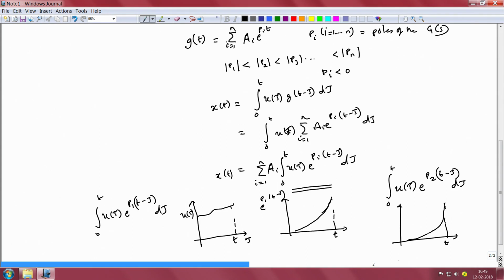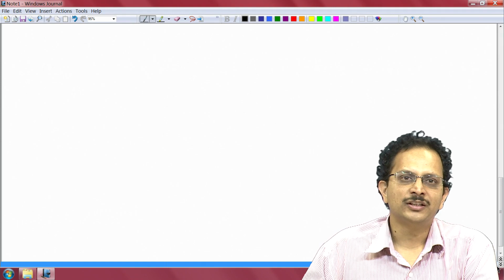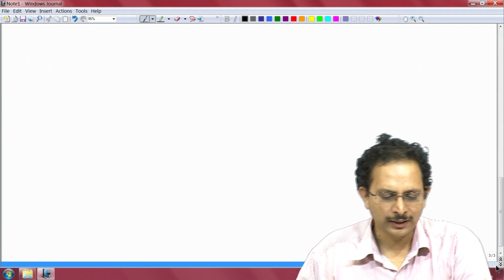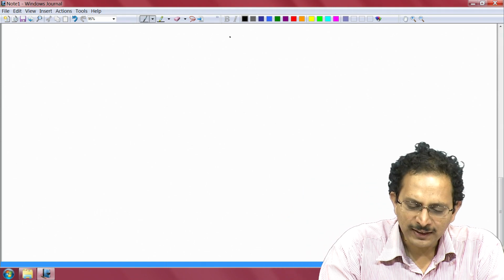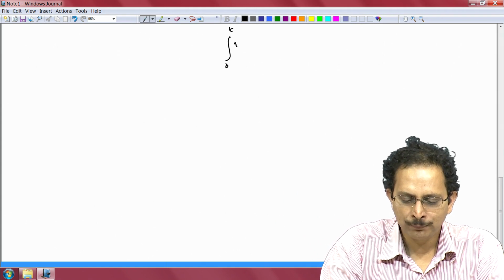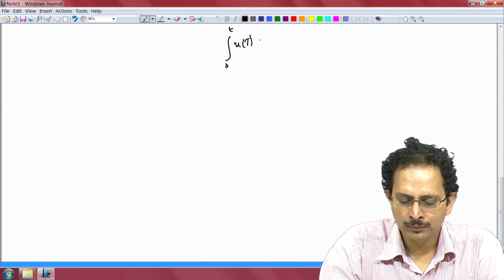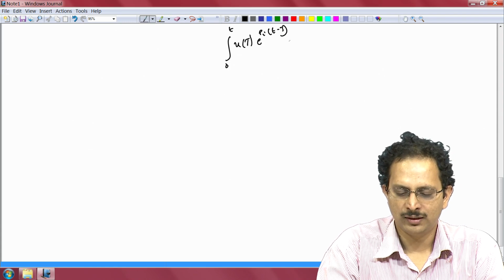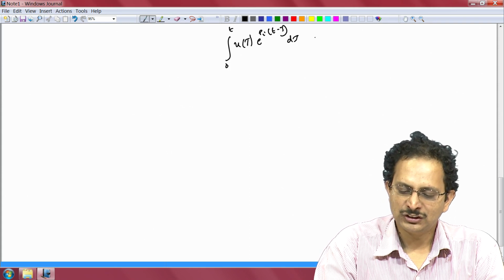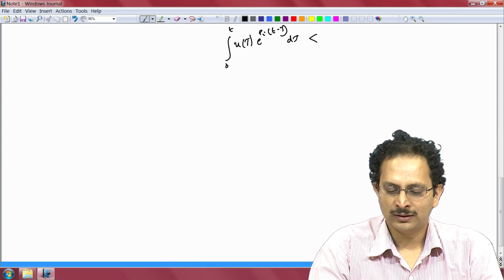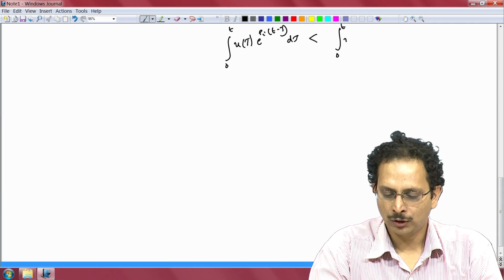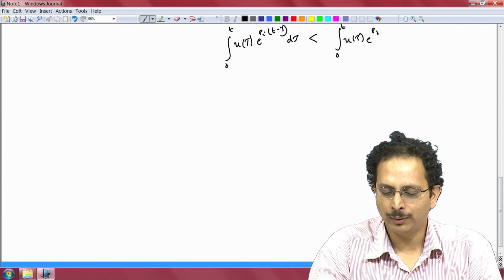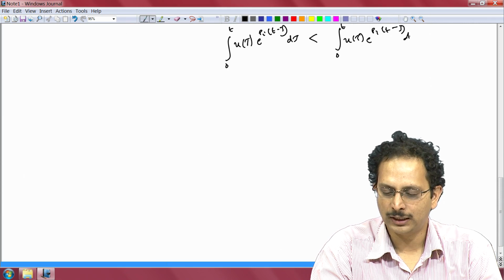Now you can go on like this and you can show that if you have arranged the poles in ascending order in terms of their magnitude, then all the higher integrals, integral 0 to t u of tau e to the power p_i (t minus tau) d tau, are generally less than the first integral, 0 to t u of tau e to the power p1 (t minus tau) d tau.